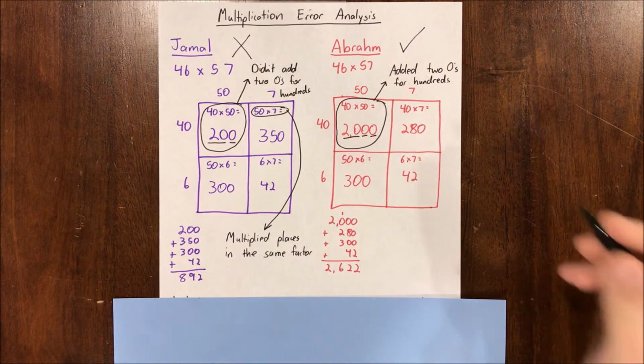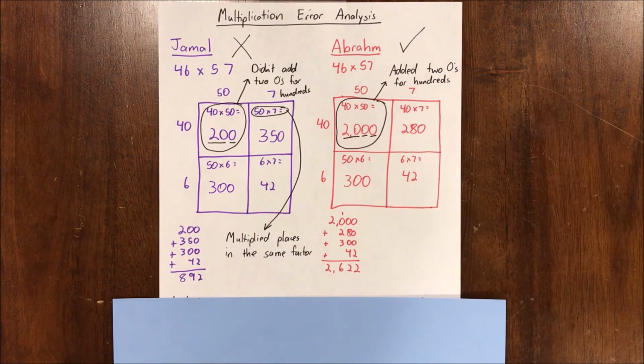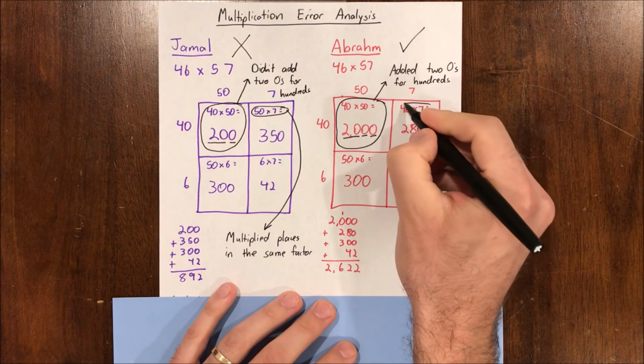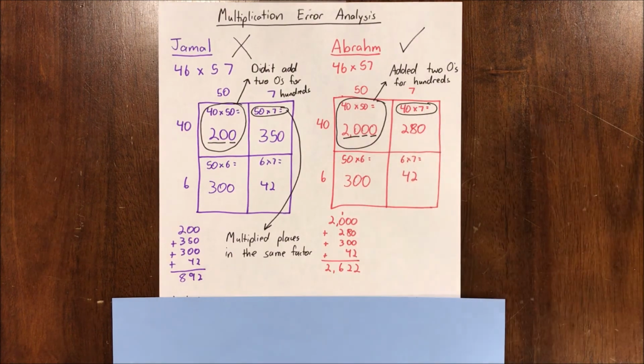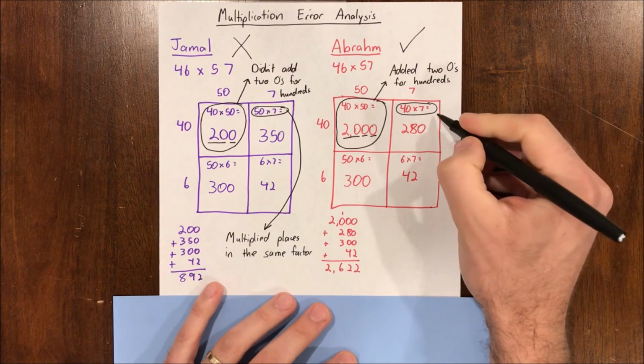And how about right here in this rectangle? What did he do differently? Say it out loud. Yeah, he multiplied 40 times 7, not 50 times 7. Why is that important? Say it out loud. Right, we're trying to multiply the places that are in opposite factors, not ones from the same factor.